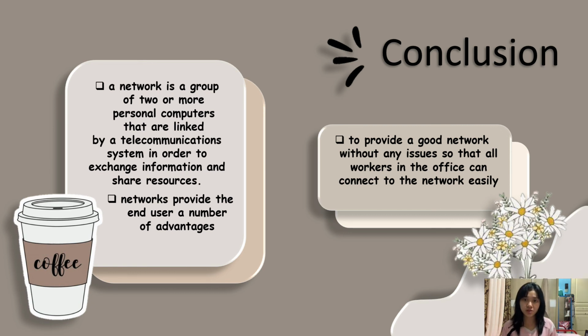For the conclusion, a network is a group of two or more personal computers that are linked by a telecommunication system in order to exchange information and share resources. So company ABCDEF would be unable to exchange resources and boost production as efficiently without a network.